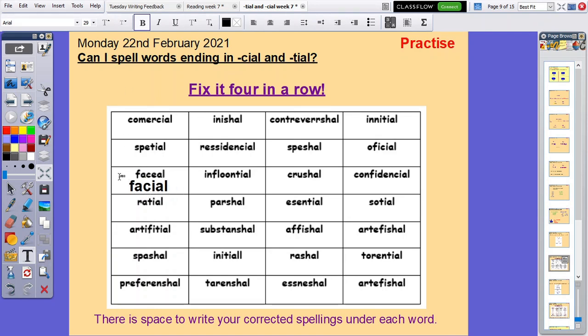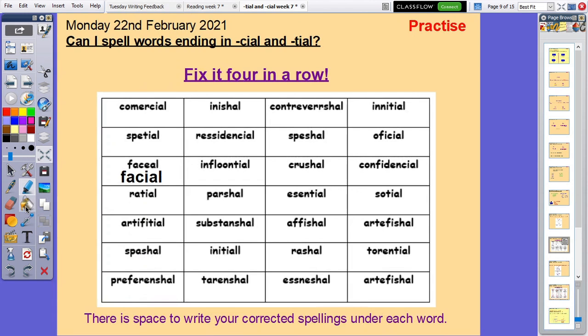I write it underneath, and if my partner agrees and says I've done it right, I can colour that one in. So I will be that colour, and my partner might be a different colour. So they might try and spell influential now by putting the right spelling in to try and block you from getting 4 in a row that way. So you can go up and down.